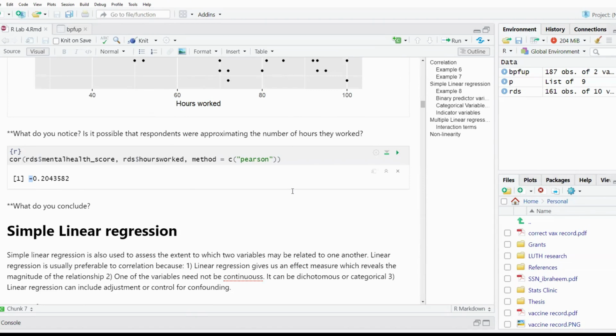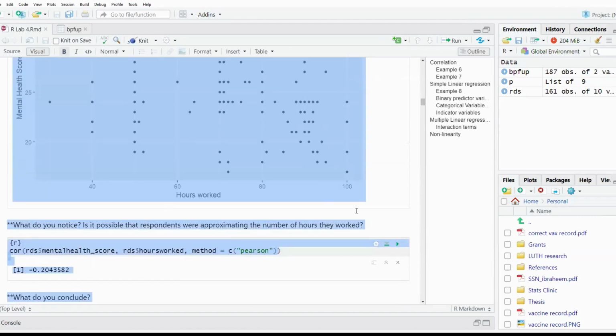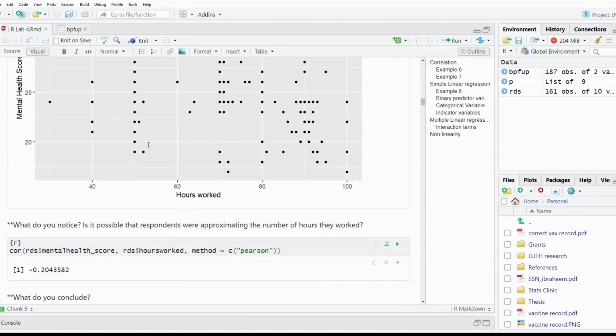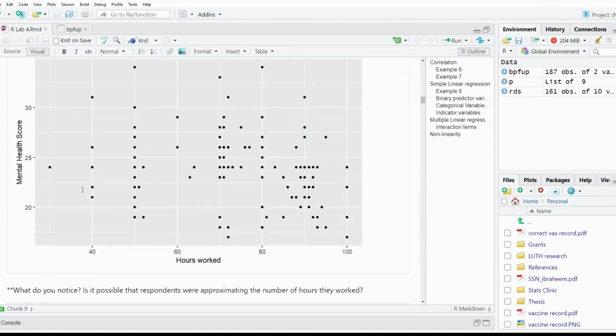Reductions in the other, okay? Yeah. So the negative sign, when you see a correlation score like this, means that as one variable increases, say hours work increases, then mental health score reduces, okay?